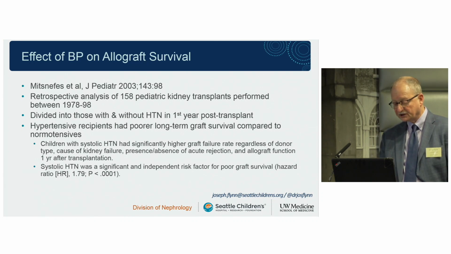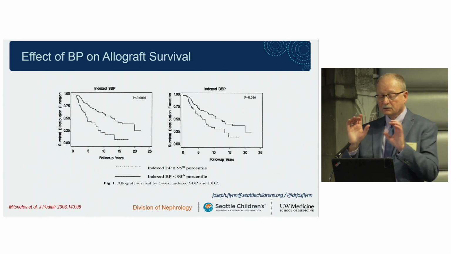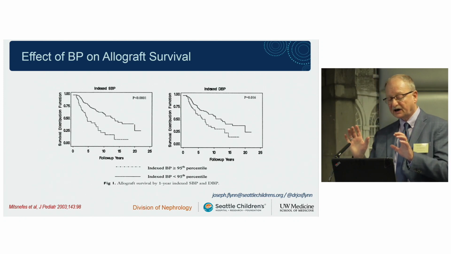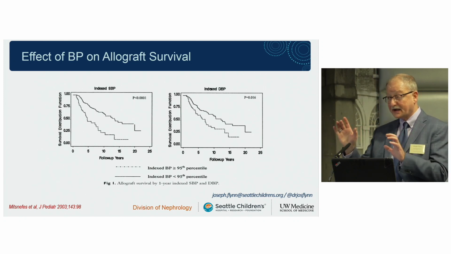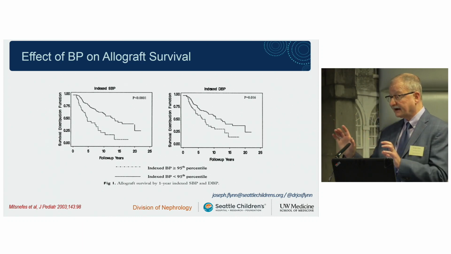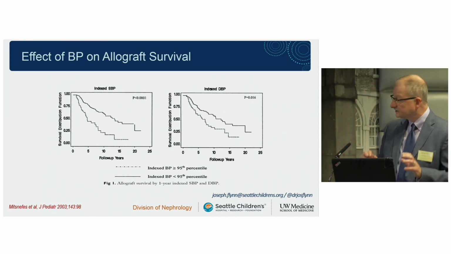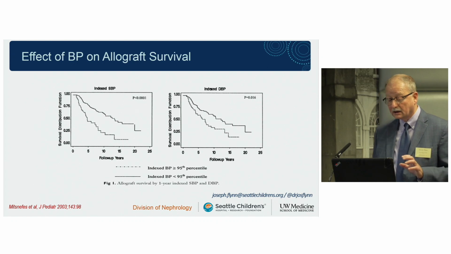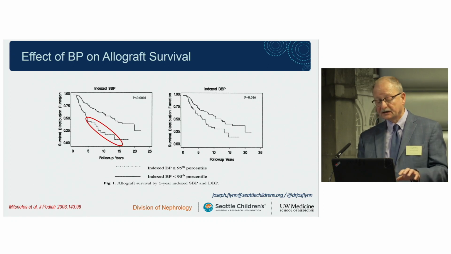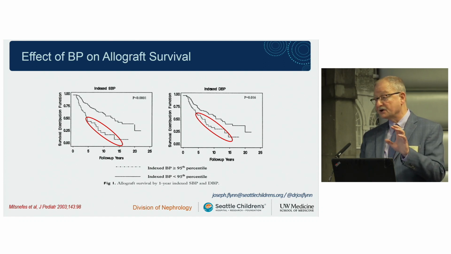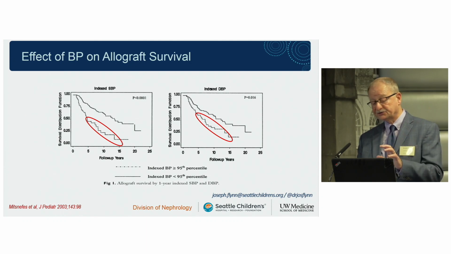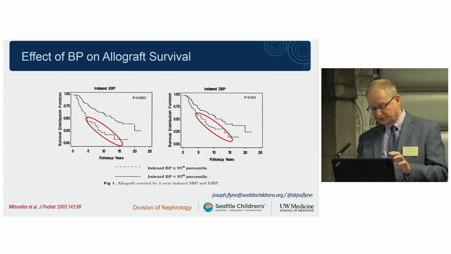If you look at these two graphs, they divided the patients into those with and without hypertension and looked at graft survival over time. The dashes don't show very well, but the bottom lines on each graph are those whose blood pressure is above the 95th percentile, and you can see how much more graft loss there was compared to those whose blood pressures were below the 95th percentile.